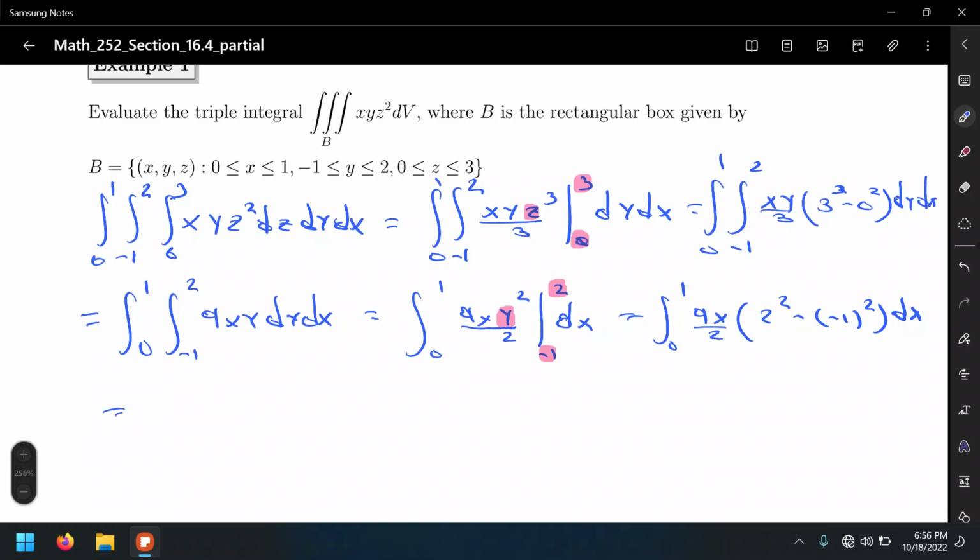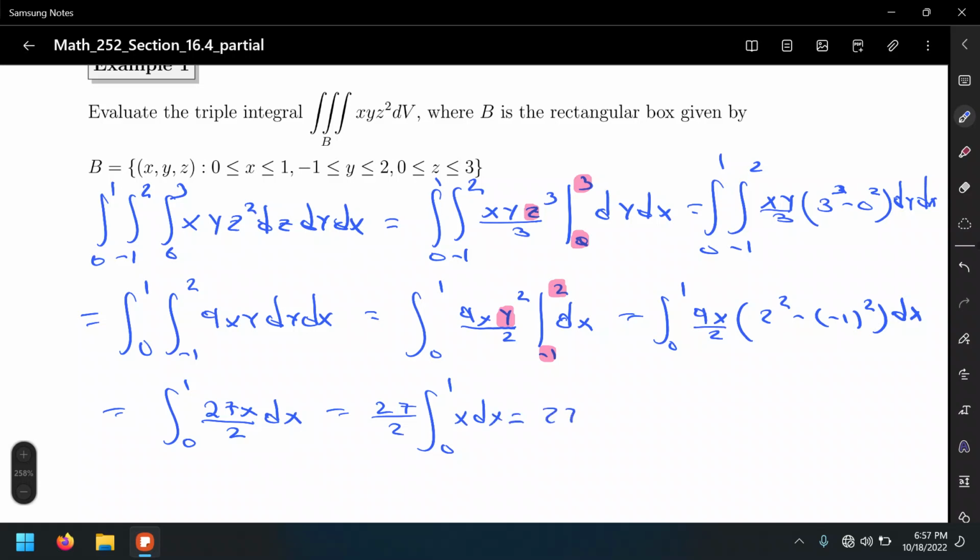Well, 3 times 9, that's 27 over 2. So that'll leave us with the integral from 0 to 1 of 27x over 2 dx. Let's take the 27 halves outside of the integral and just integrate x dx.